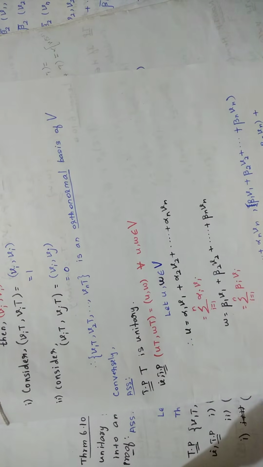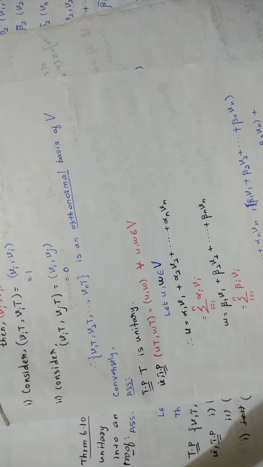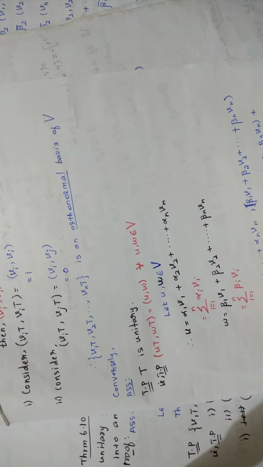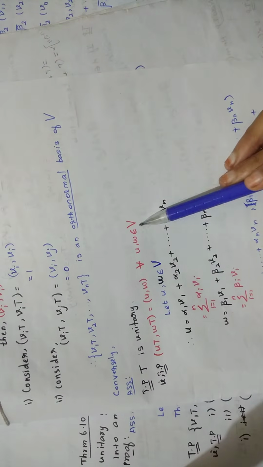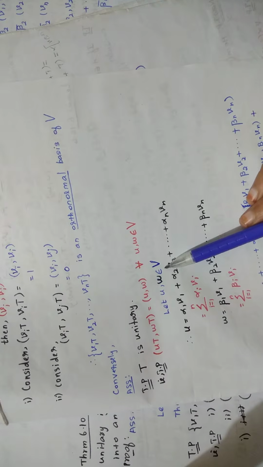⟨uT, wT⟩ is equal to ⟨u, w⟩ for all u, w belonging to the vector space V. Now, let u, w belong to V. u can be written like this.